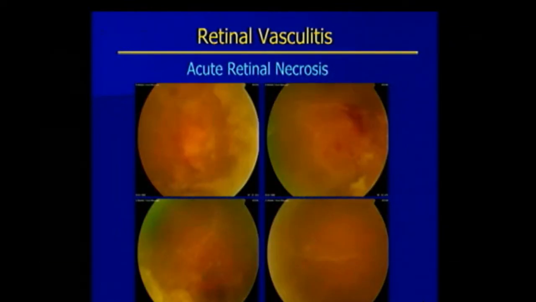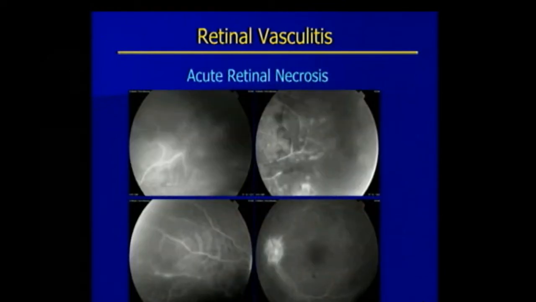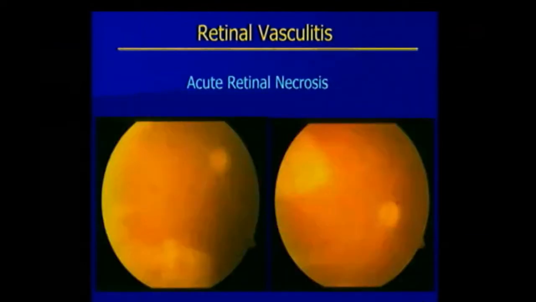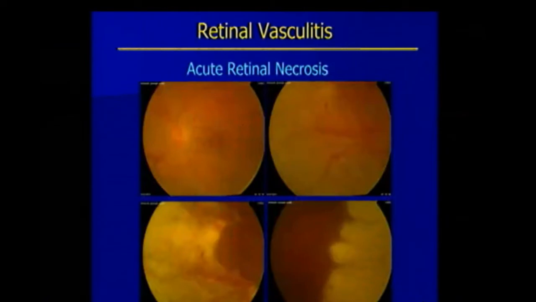You can see here, this is a vasculitis involving the arterioles. And if you do fluorescein angiography, it's an occlusive vasculitis. This is another case, peripheral necrotizing retinitis, confluent, and vasculitis involving the retinal arterioles.